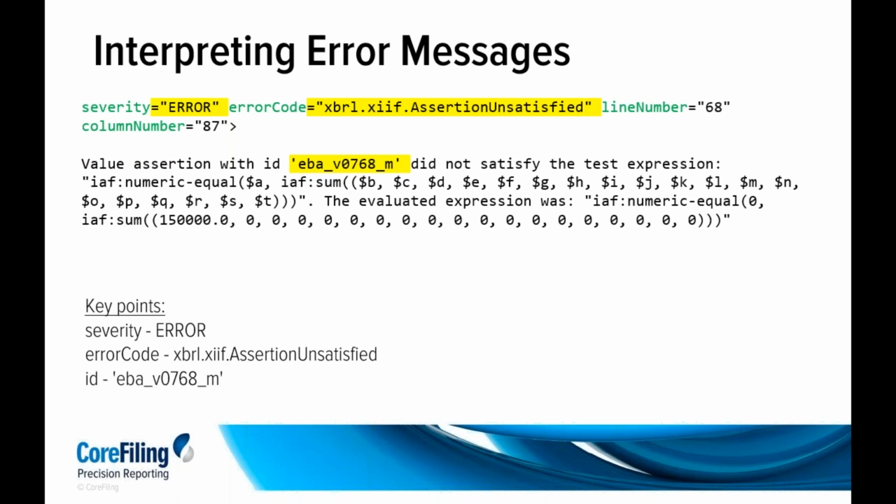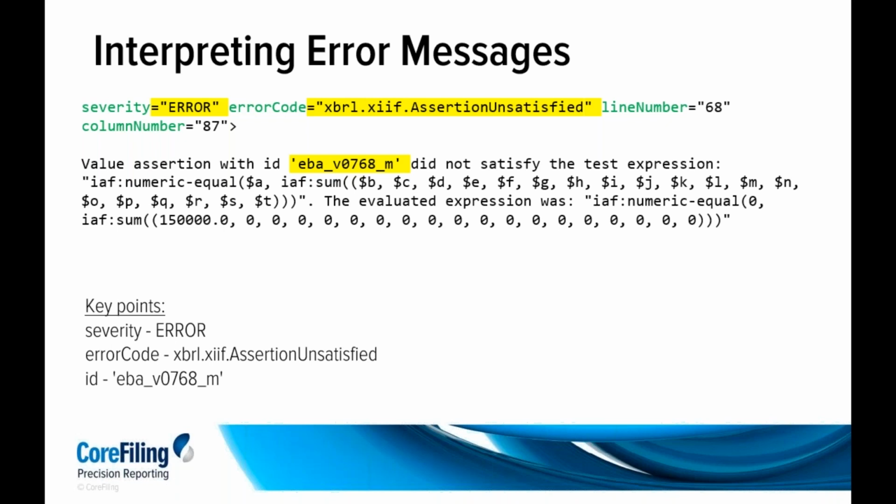if we cut that down, we can see the key pieces of information from there are the severity, the error code, and the ID from the rule spreadsheet. And if we so decide, we could plug that ID into the validation spreadsheet and look up this rule and find out which cells were actually referenced by this error message.